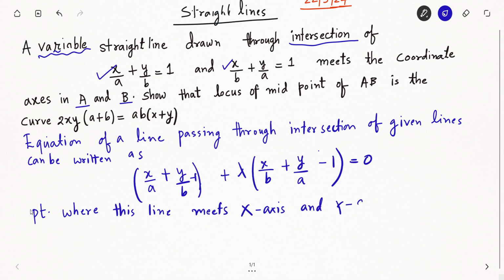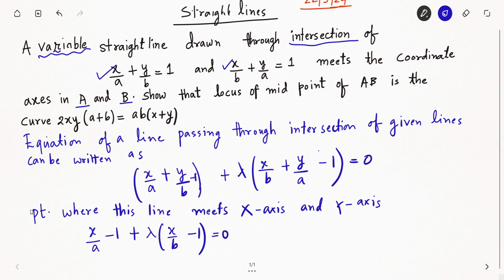Why do we need these points? Because it is given that these points are nothing but A and B. So how can we find the point where it meets the x-axis? If I put the value of y to be 0, I get x by a minus 1 plus lambda times x by b minus 1 equal to 0.